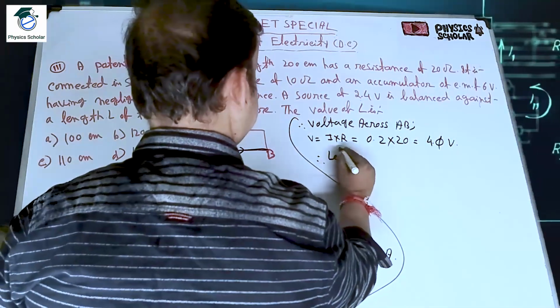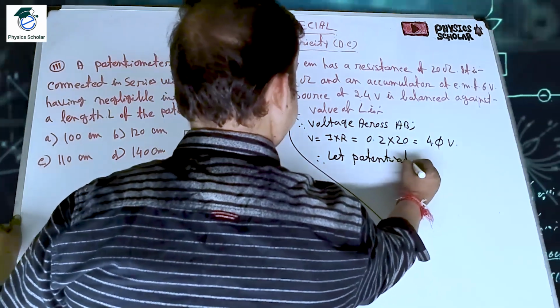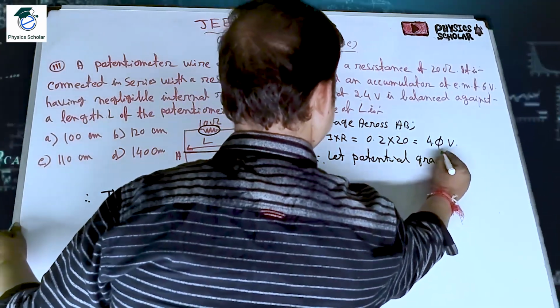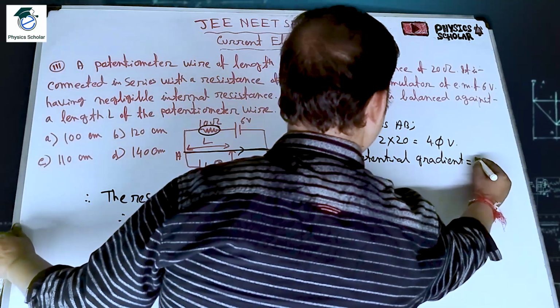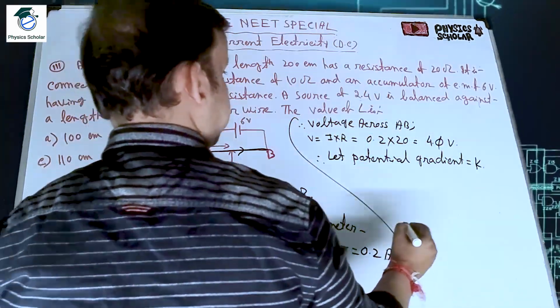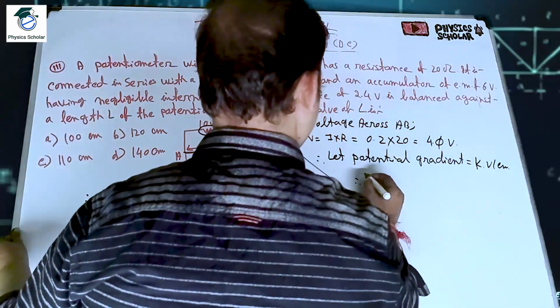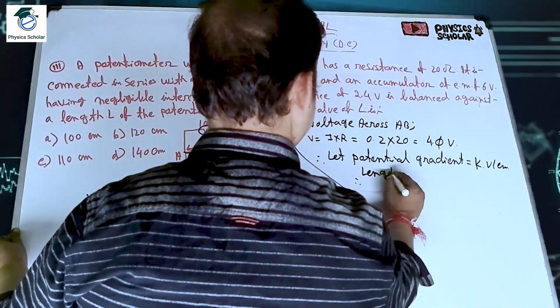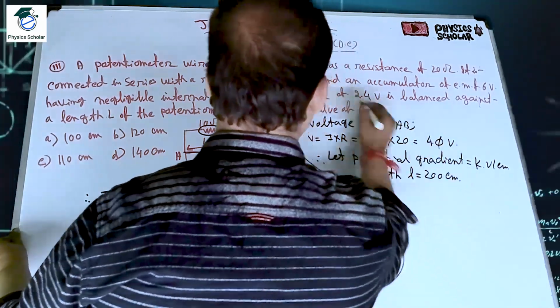So let the potential gradient be K, in volt per centimeter. The length small l is 200 centimeter, given.